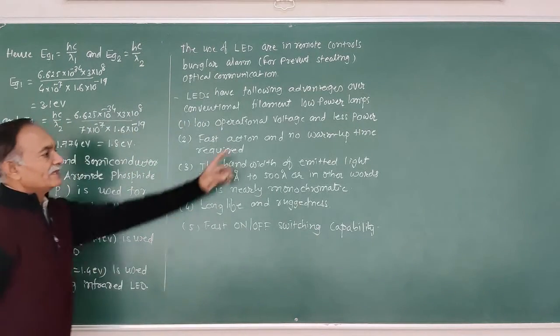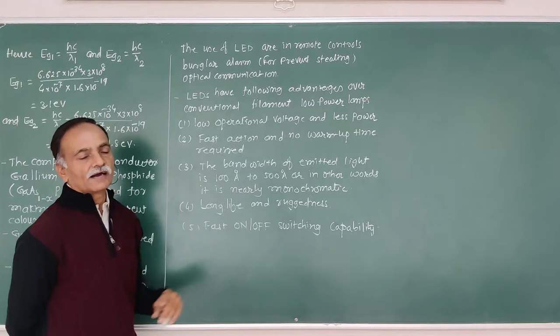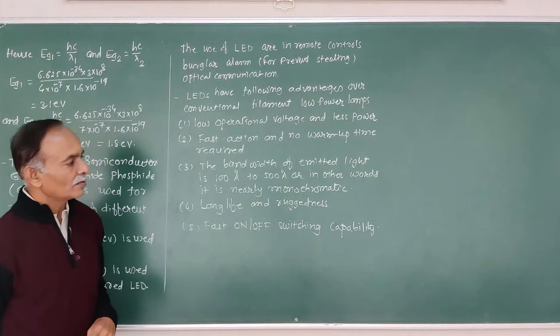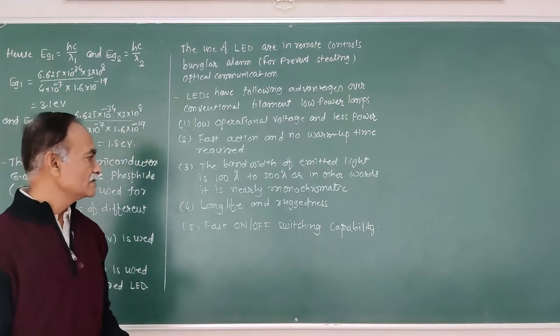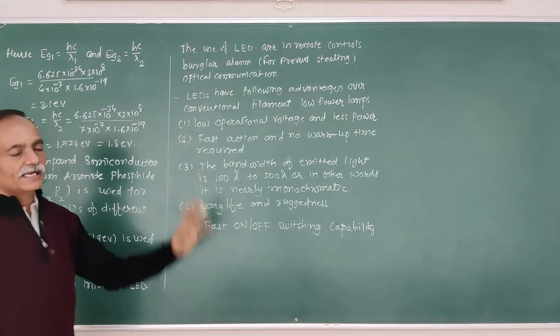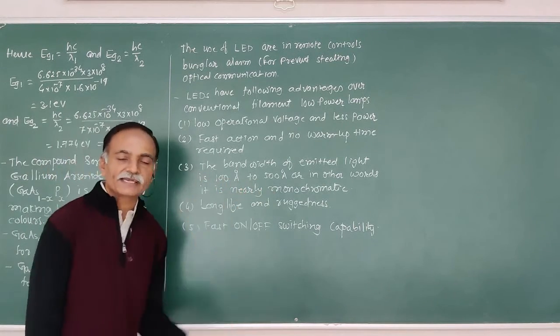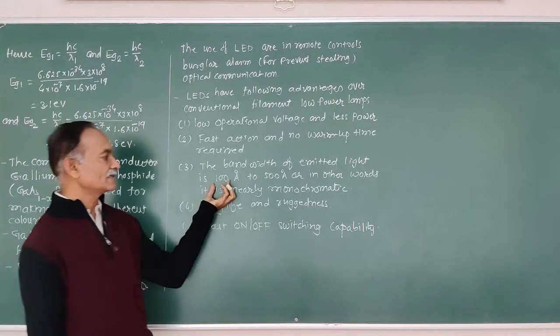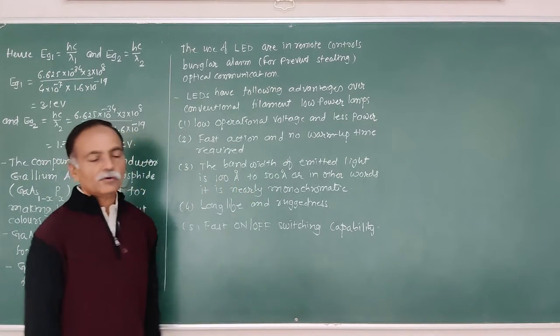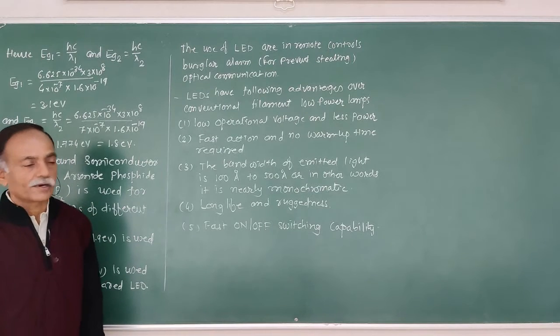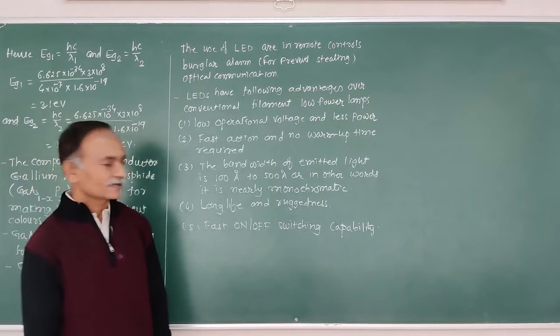The bandwidth of emitted light is 100 angstrom to 500 angstrom, or in other words, it is nearly monochromatic. Whatever light is emitted by the light emitting diode is in the order of 100 angstrom to 500 angstrom wavelength. That is monochromatic light, made up of a single wavelength.